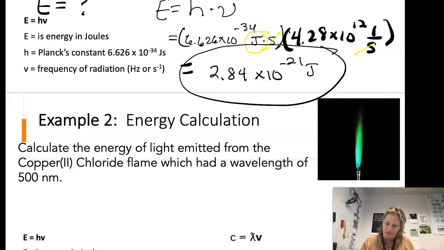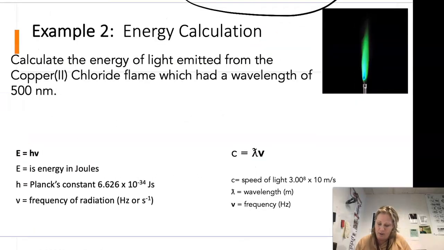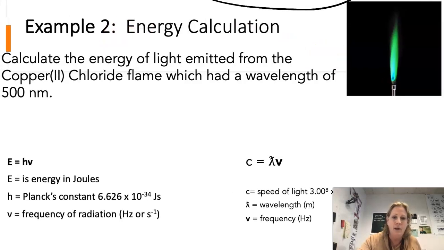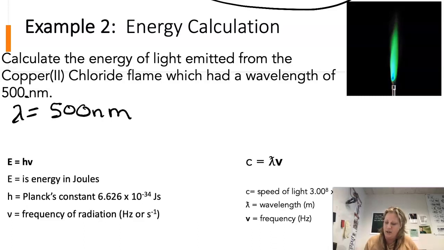Let's do another one. Sometimes I will give you the wavelength. In this problem, you have the wavelength, and let's put a decimal there so it has 3 sig figs. The green copper color that we made in our flame test has a wavelength of 500. nanometers, and we want to know energy.